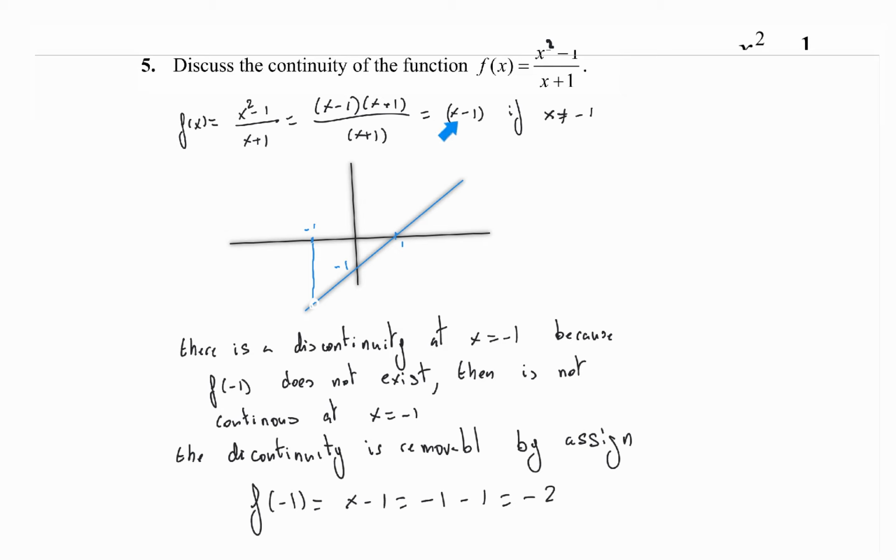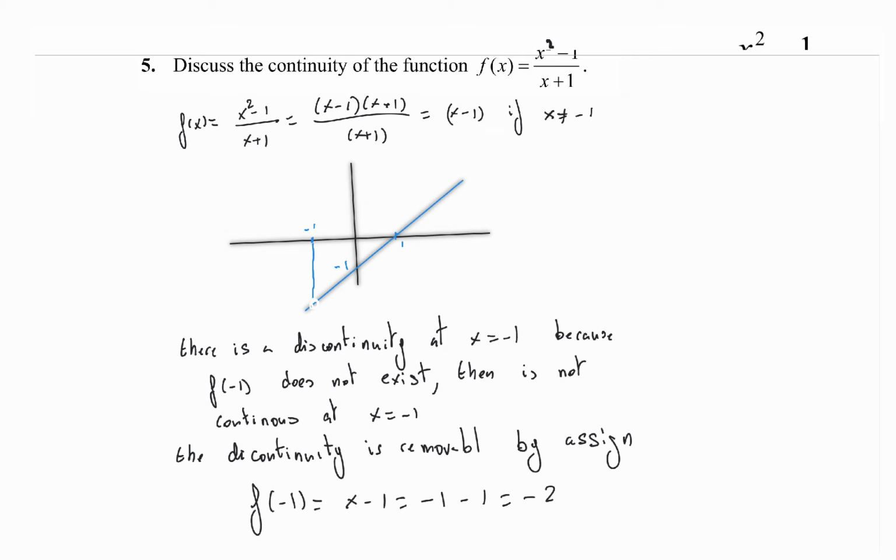So the function is x minus 1 if x is different than minus 1, because you see this cancellation, x plus 1 divided by x plus 1 cancel. x plus 1 is 0 when x is minus 1. So this division is valid, and it is x minus 1 when x is different than minus 1.